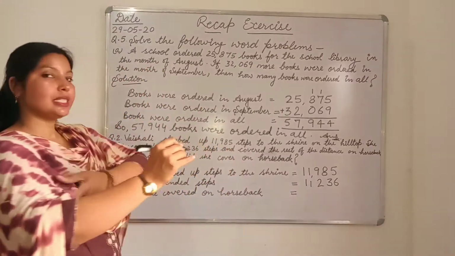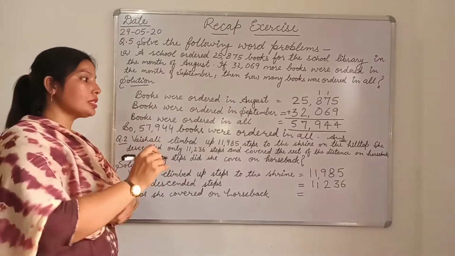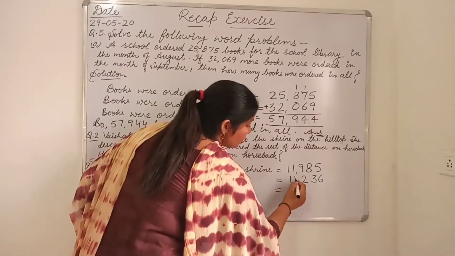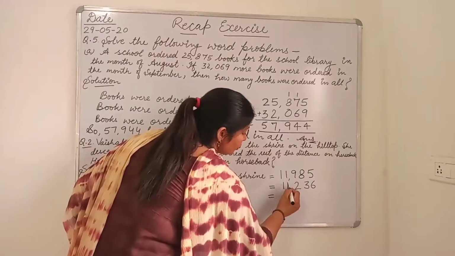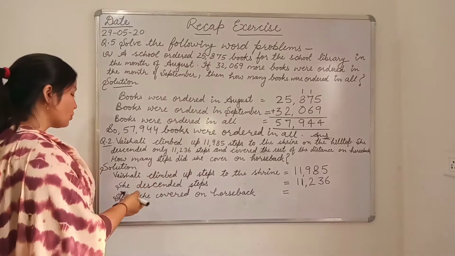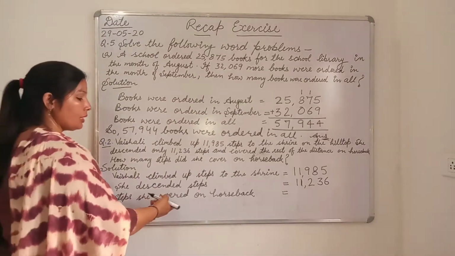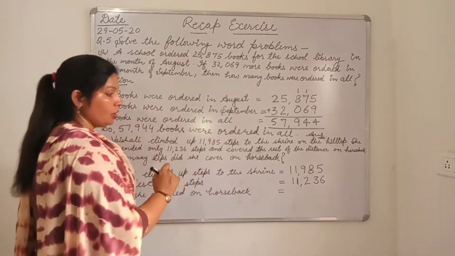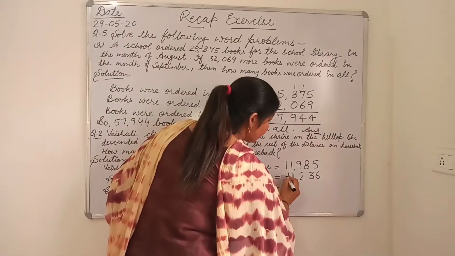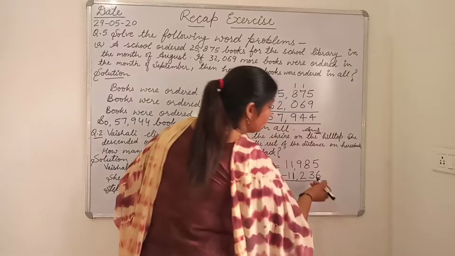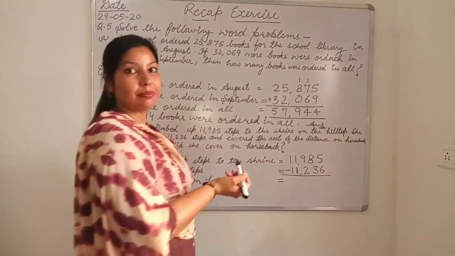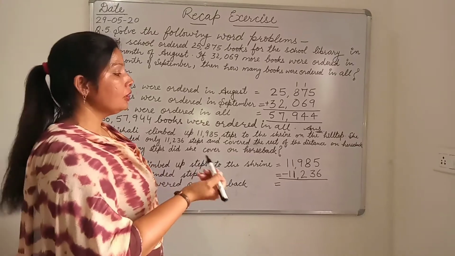Now the rest. She descended on horseback. How many steps did she descend on horseback? That we will find by subtraction. So now we will do subtraction. Now 5 minus 6. From 5 we can't subtract 6, so we will take borrowing.